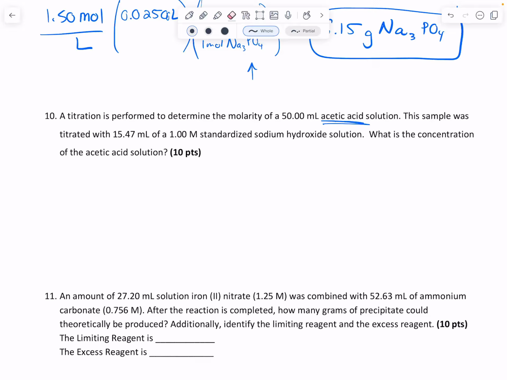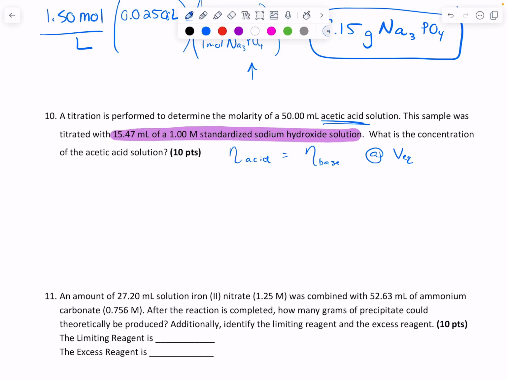The main thing is that at the equivalence point, moles of acid equals moles of base. And if that is true, which it is at your equivalence point, then you're able to convert one into the other. Okay, so what do we know? It was titrated with sodium hydroxide.